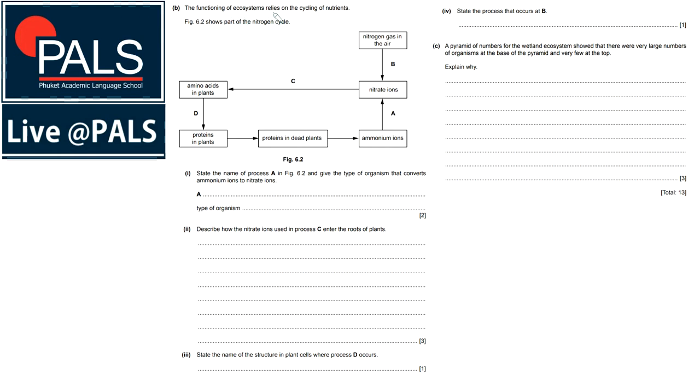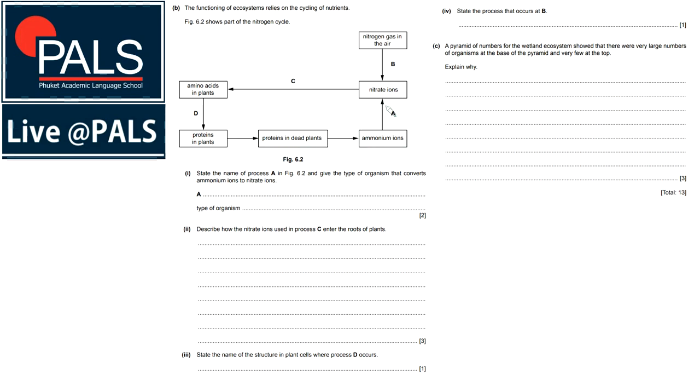The functioning of ecosystems relies on the cycling of nutrients. 6.2 shows part of the nitrogen cycle. Nitrogen gas in the air is changed into nitrate ions, which are changed to amino acids in plants, which are changed to proteins in plants, which are changed to proteins in dead plants, which are changed to ammonium ions.